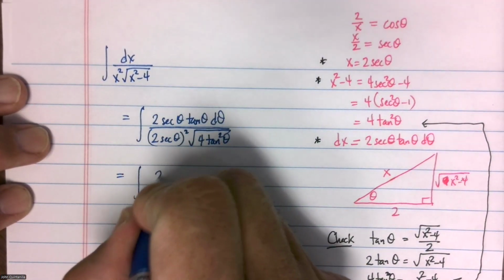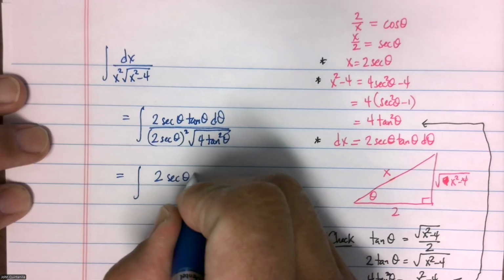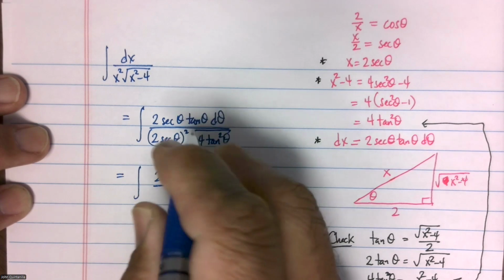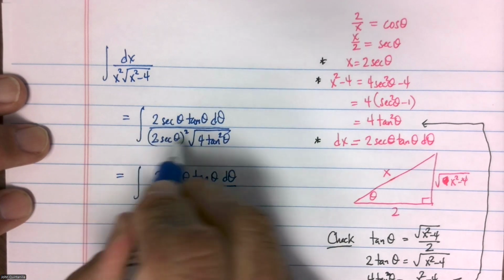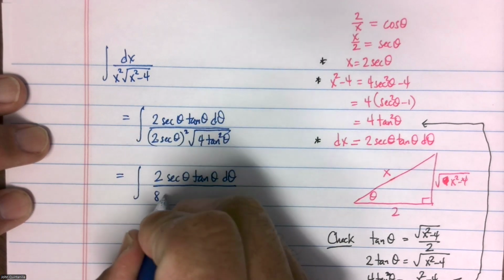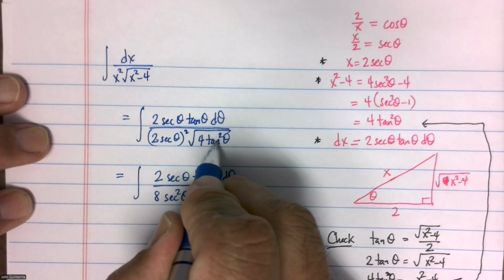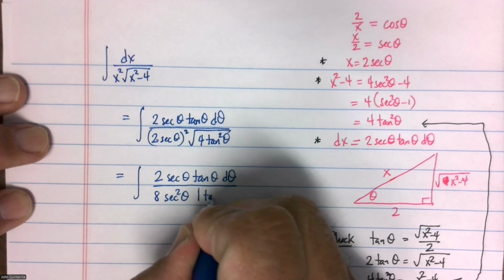We get 2 secant theta times tangent theta d theta, so the numerator stays the same. On the bottom, we have 4 times 2 makes 8 secant squared theta, and then the square root of tangent squared will be the absolute value of tangent theta.